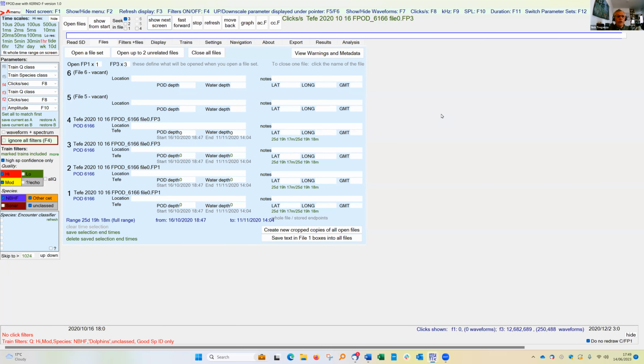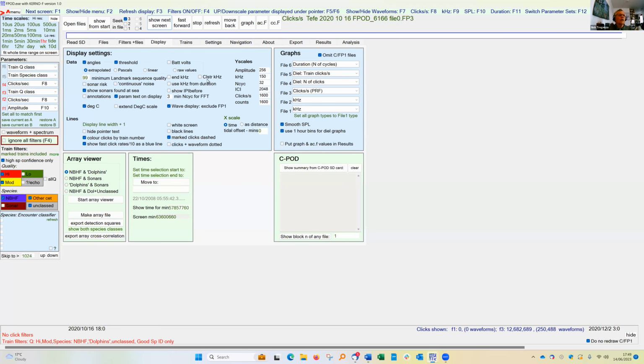This is data from a lake on the Amazon from Mariana Pascalini and others, and they had an FPOD there. And what we'll do is the same thing as we did with the Black Sea data: we'll just look at the click rate in the whole file, and we'll not process the CP1 yet.